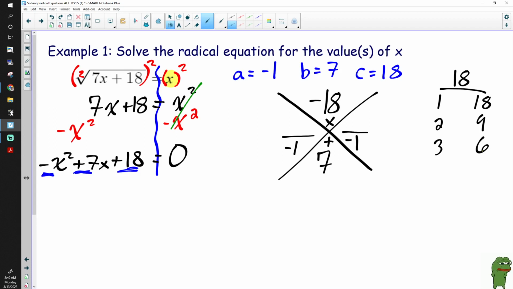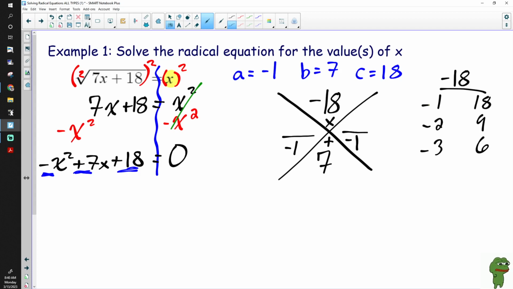But we don't want to make 18, we want to make negative 18. So I look at the bottom, I see that it is positive, which means all my positive numbers are by bigger of the two numbers. So these three little numbers should be negative. Now I look and I figure out which of these add up to 7.